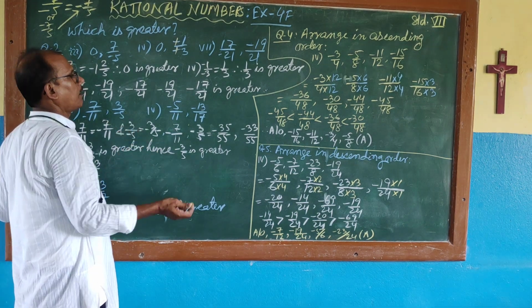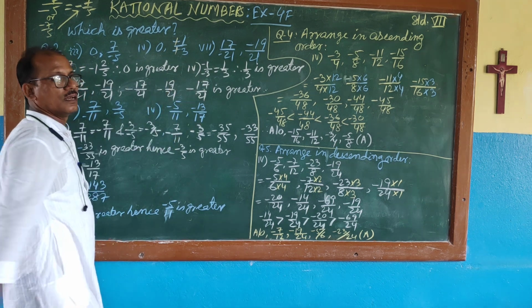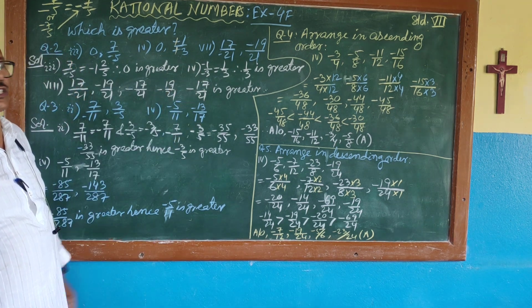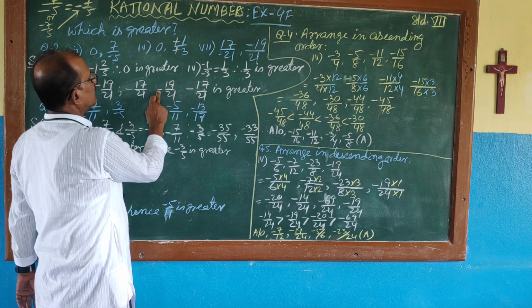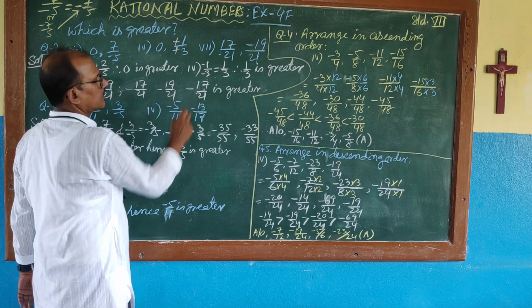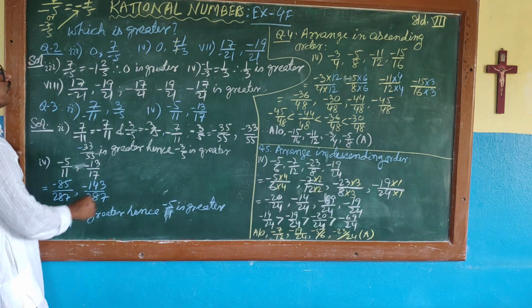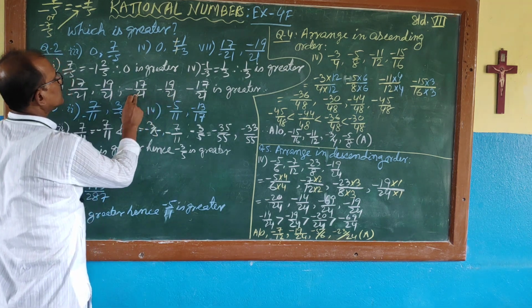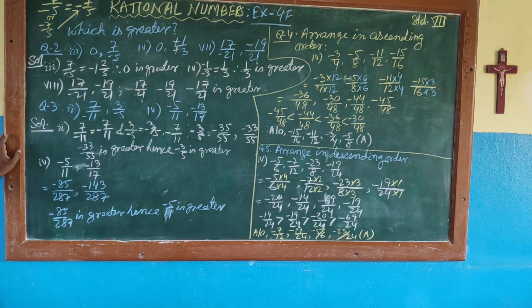The same rule is applicable here also. The denominators are same, so these are like fractions. If it were a plus sign, then 19 by 21 would have been greater than 17 by 21, isn't it? But as it is a minus sign, negative, definitely minus 17 by 21 will be greater. I hope you have understood.